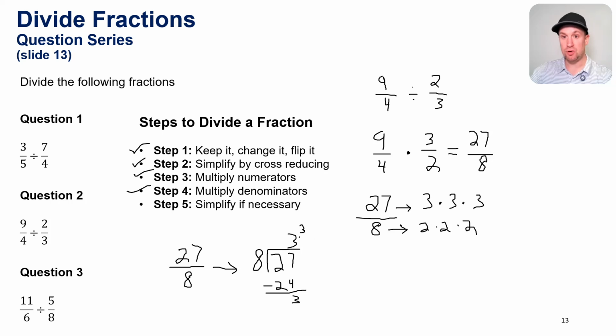That becomes the new numerator. And 8 stays your denominator. So in other words, 27 over 8 becomes 3 and 3/8 as your result.